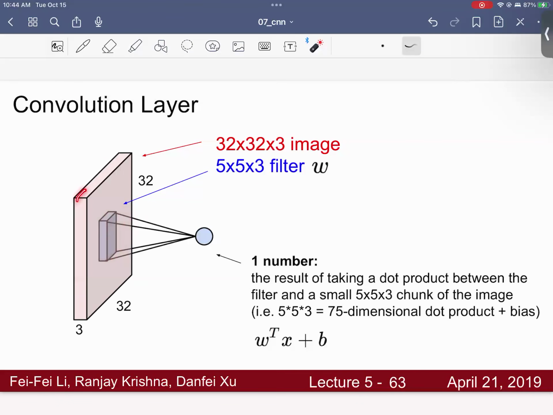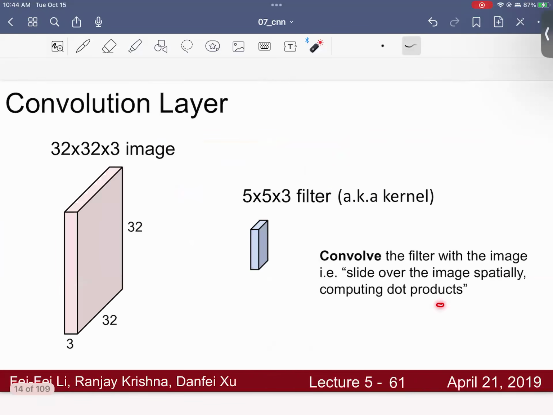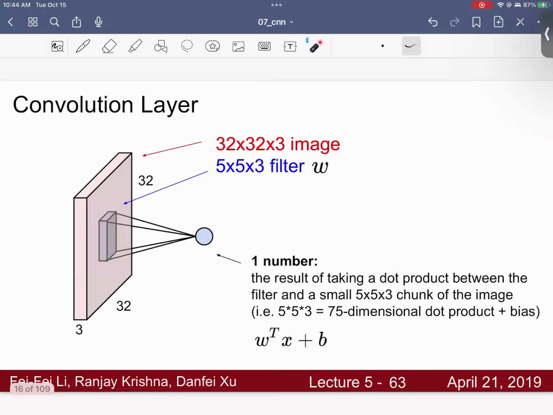applied to this image, and I said that we're taking a dot product, right? So here you have an image value. These are all pixel values. So this is like 1, 0.5, 0.7, 0.2, 0.5. There are a bunch of pixel values. You take those pixel values and you multiply them individually with the weights here.